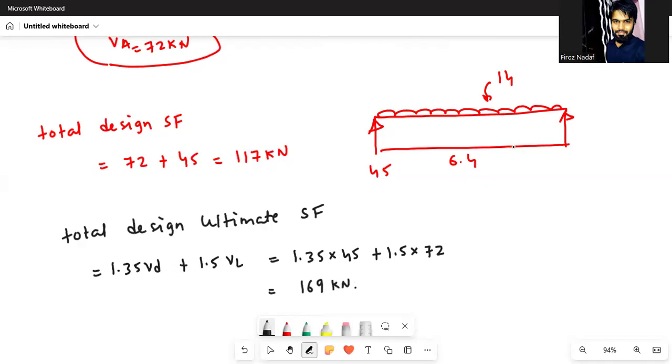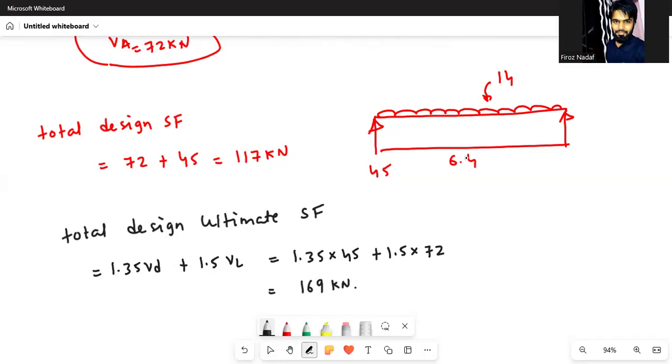Any question, class? The next part is the design of the bridge. We have done the analysis. We have calculated the live load bending moment and dead load bending moment. Dead load bending moment is easy, but live load bending moment needs some complex steps, and we have done that. After that, we found live load shear force. The load for live load shear force is different. I told you the reason.